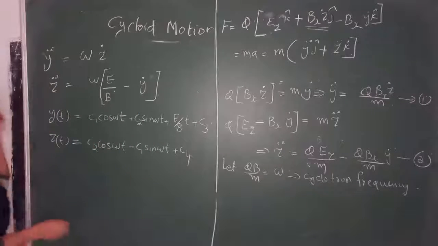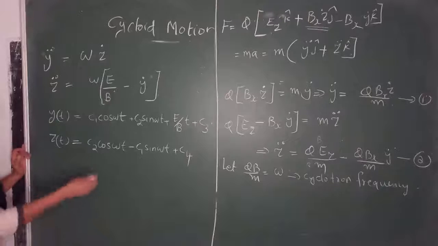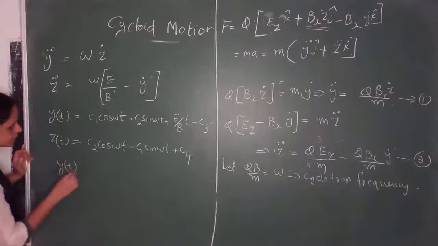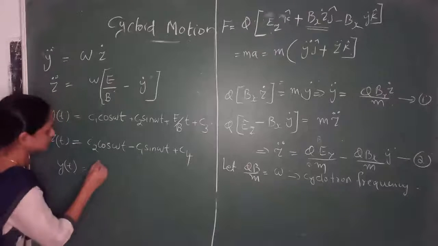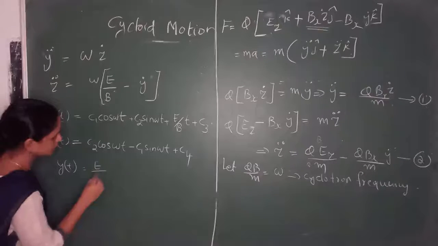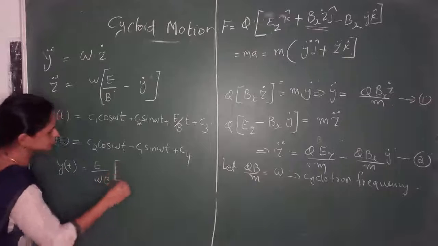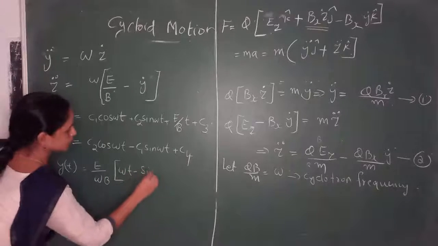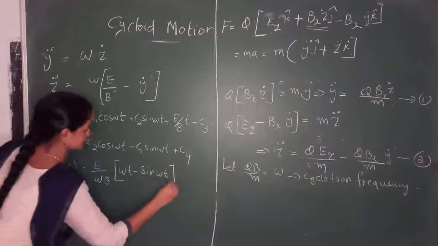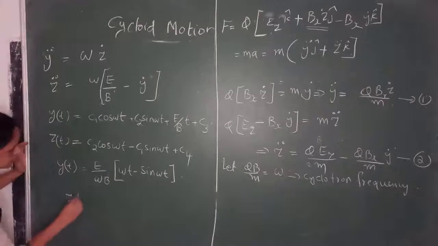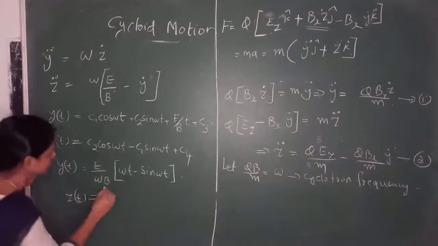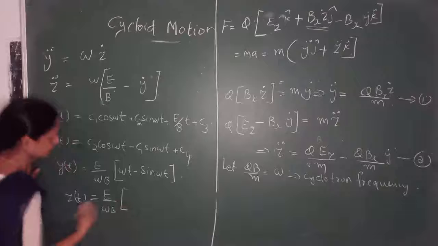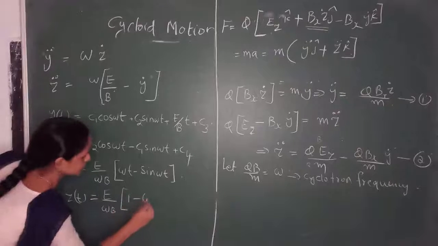So after finding the constants C1, C2, you will get y equal to E by omega B into omega t minus sin omega t, and z equal to E by omega B into 1 minus cos omega t.